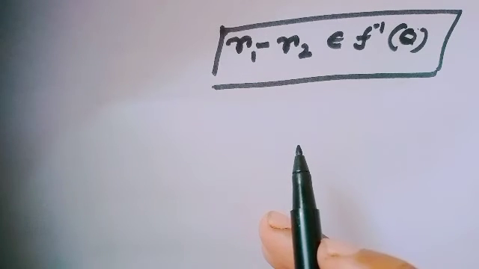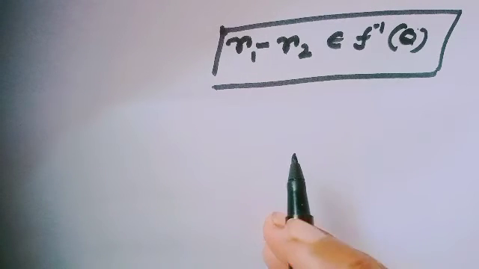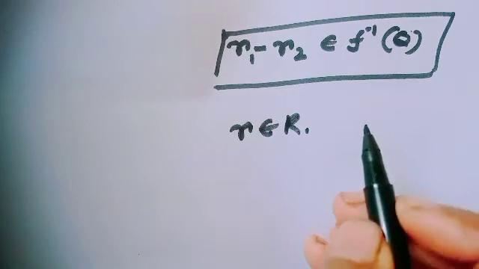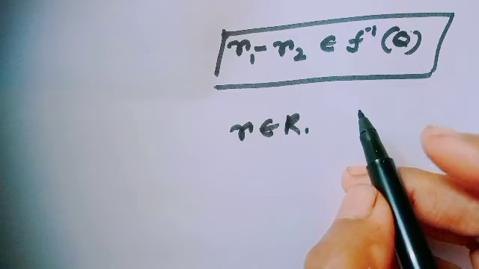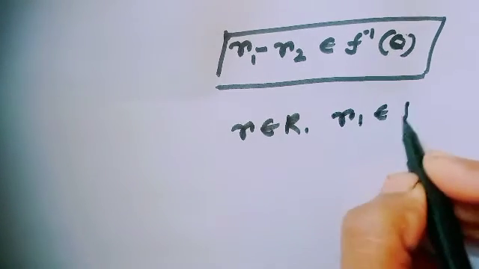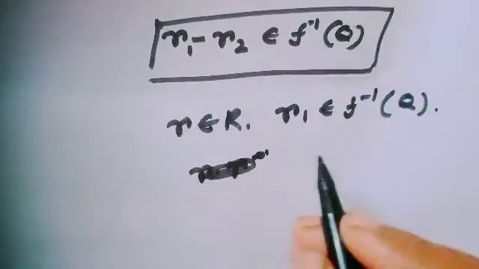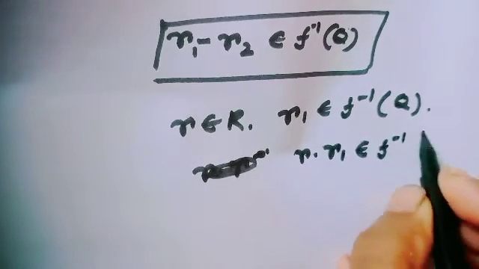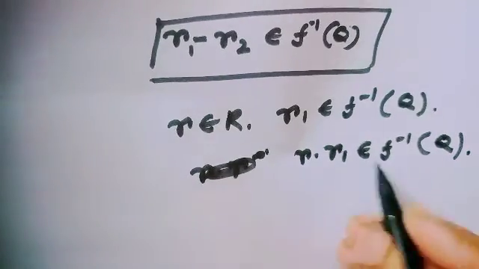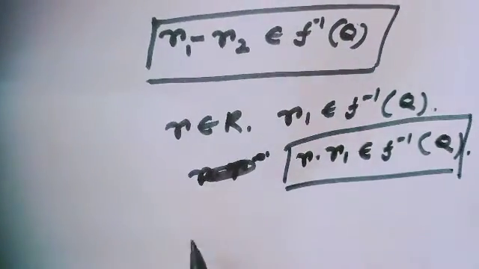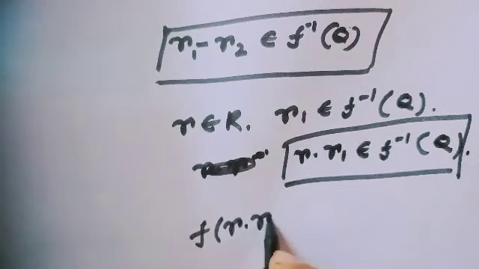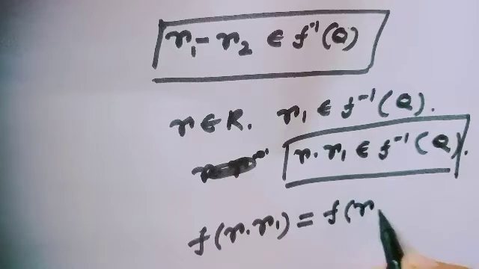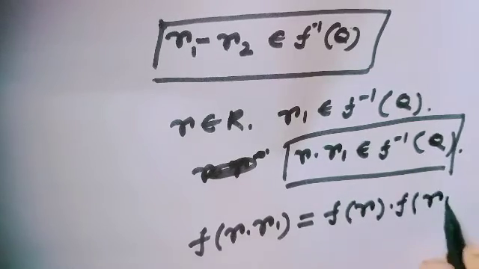Now I will prove the second condition of ideal. Consider r an arbitrary element of the ring R and r1 a member of the set f inverse of Q. To prove ideal, we have to show r times r1 belongs to f inverse of Q. For this, consider f of r times r1. By the property of ring homomorphism, this is equal to f of r times f of r1.